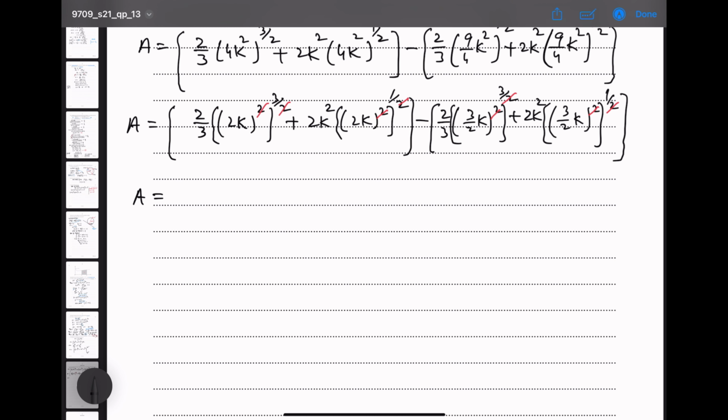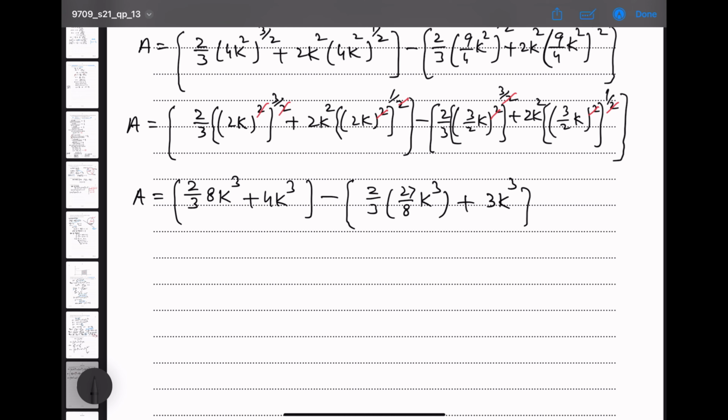Now we will simplify it. A will be 2 over 3 times 8k cube plus 4k cube. This is the simplified upper limit value. Minus 2 over 3 times 27 over 8 k cube plus 3k cube.